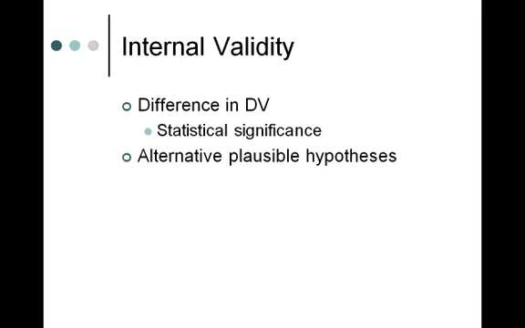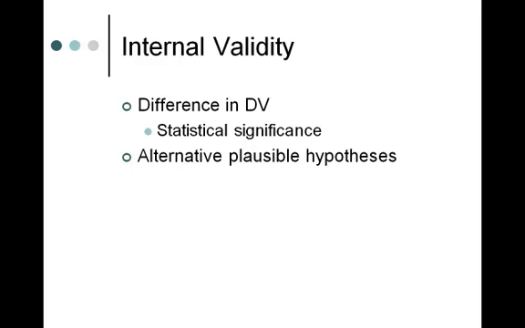And the other big thing for internal validity is being able to rule out alternative plausible hypotheses. So let's say the two groups are different, and our stats say that it's a reliable difference. So there is probably something different about the two groups in truth, because statistics is a probabilistic mathematics. Now we need to take steps to make sure that it's safe to conclude that this difference is caused by what we did to them, i.e., the independent variable.